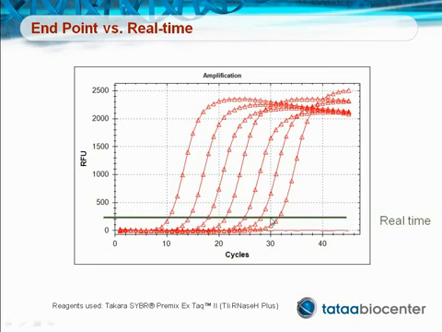This comparison requires we monitor the amount of PCR product produced throughout the reaction, which is exactly what is done in real-time PCR. Hence, in real-time PCR, the dynamic range is virtually unlimited.